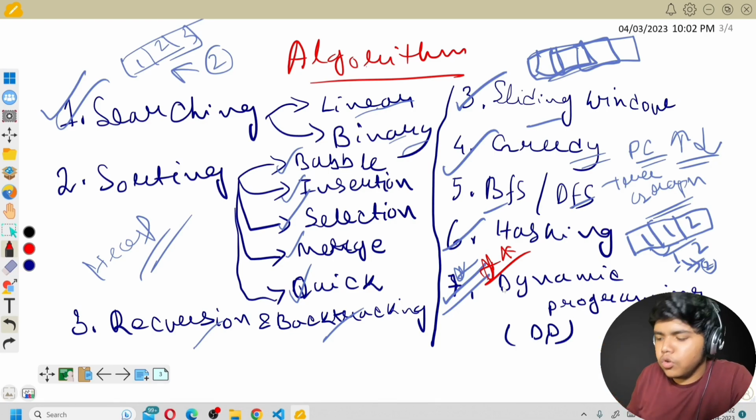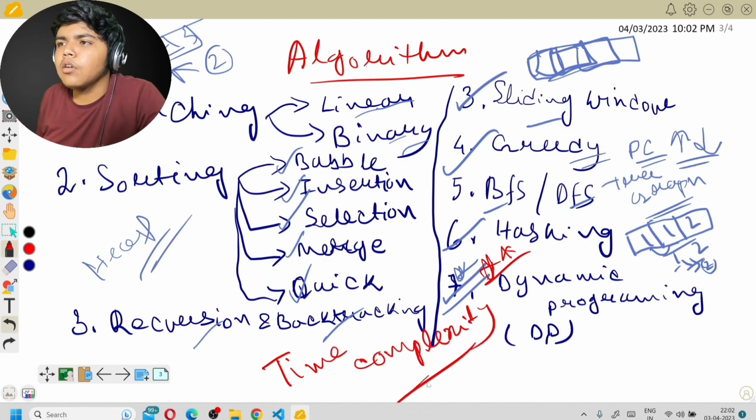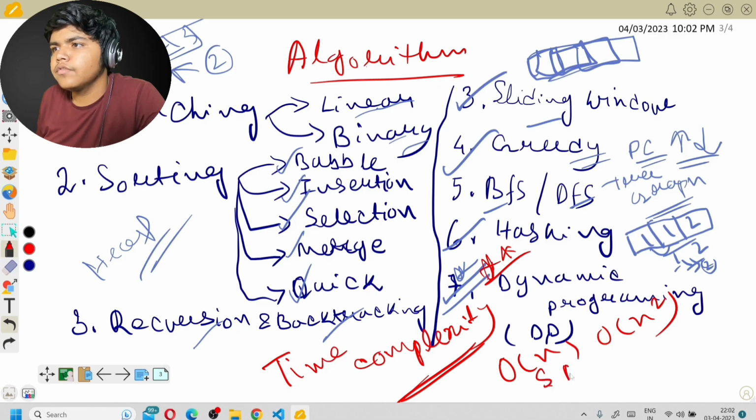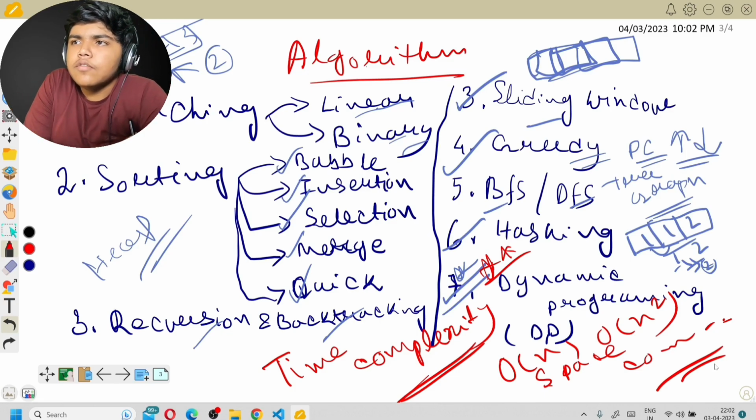Okay, so that's all about algorithms, and you need to learn time complexity like big O of n square, and space complexity. So you need to learn time and space complexity also.